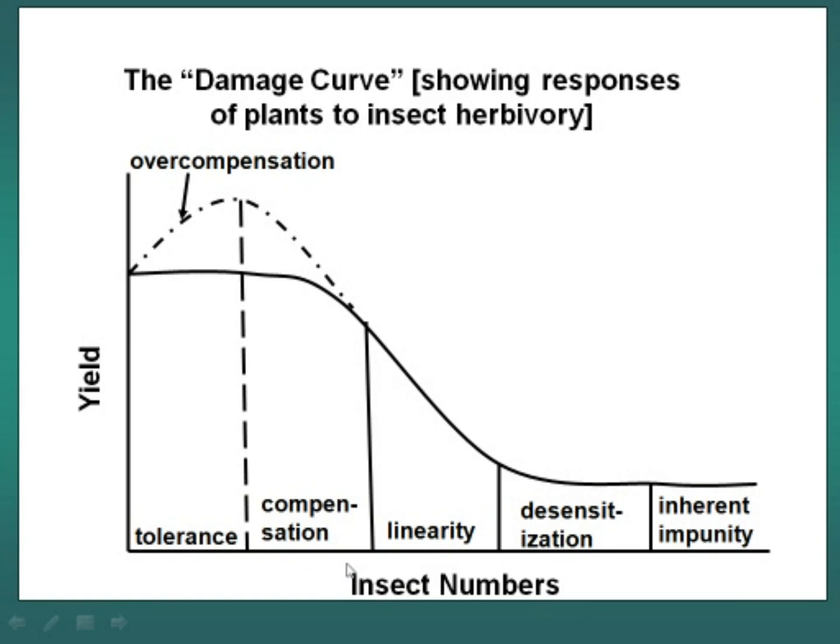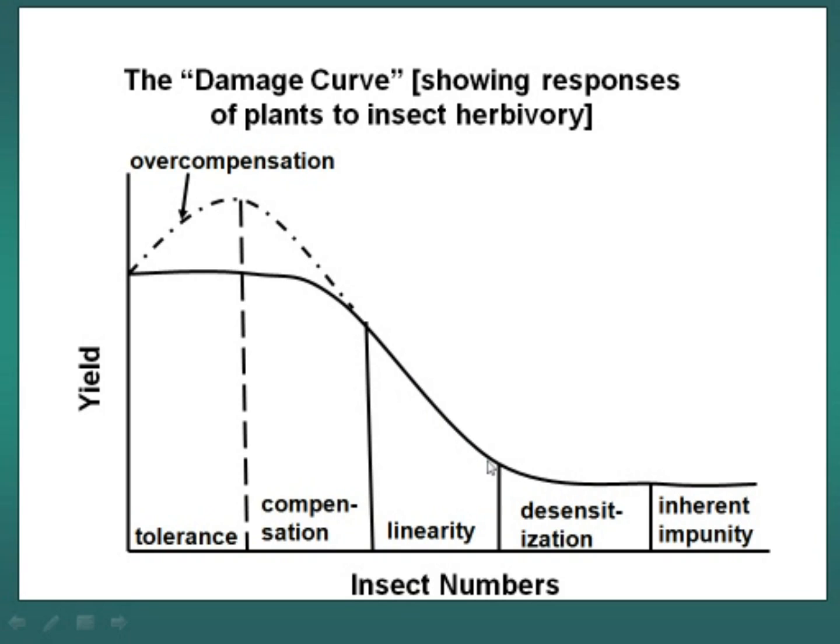When insect numbers are rather low, the plants can tolerate or compensate for a given insect population. Then, as insect numbers increase further, the plant can no longer compensate, and we're starting to see rather substantial reductions in yield.